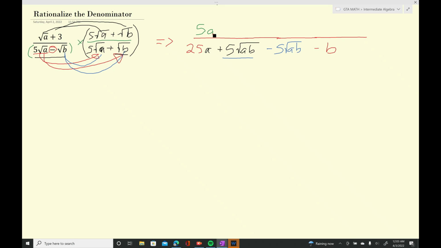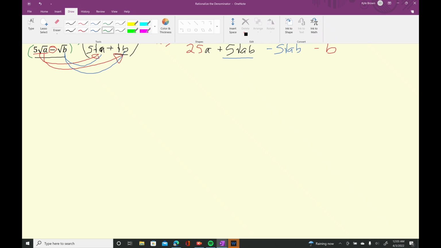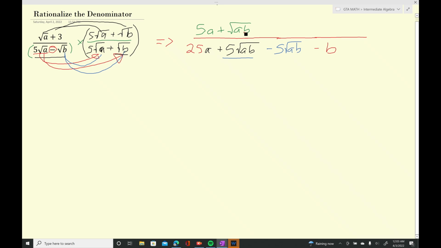The square root of a times the square root of b is going to give us the square root of ab. Then 3 times 5 is going to give us 15 times the square root of a. And 3 times the square root of b is just going to give us 3 square root b.